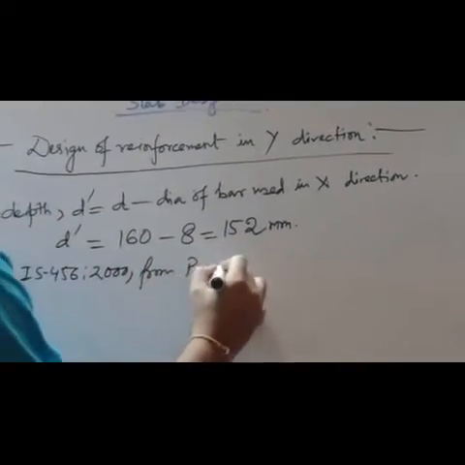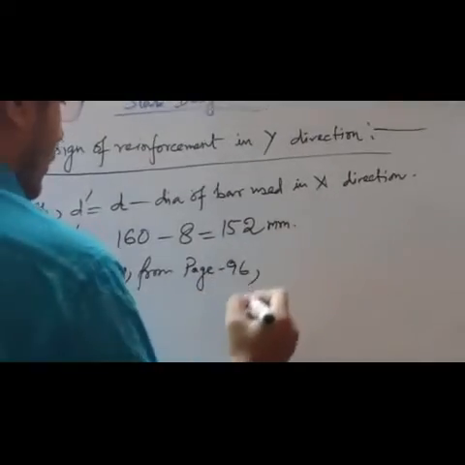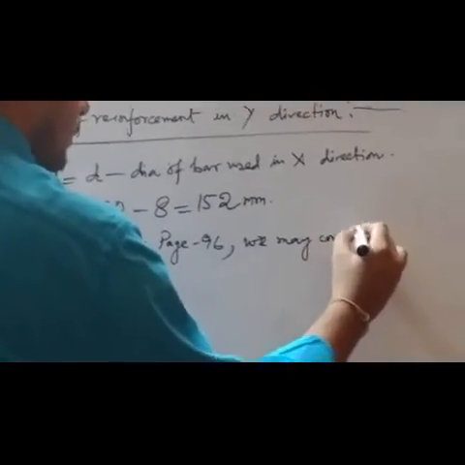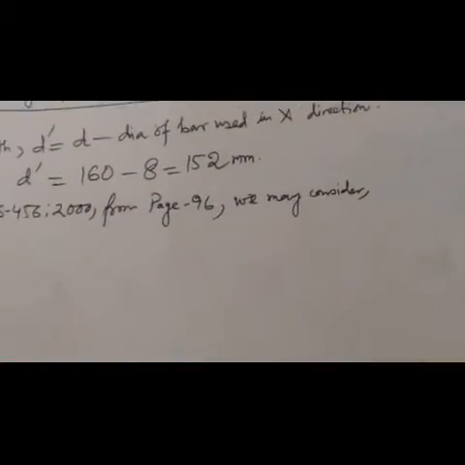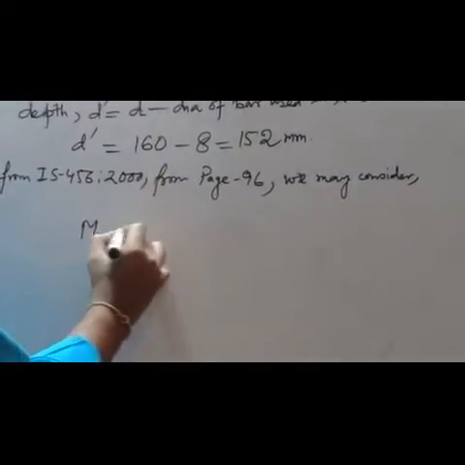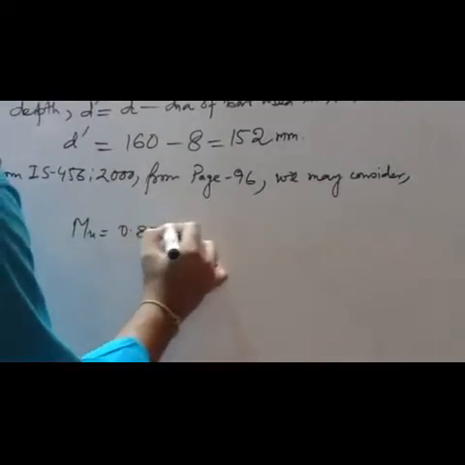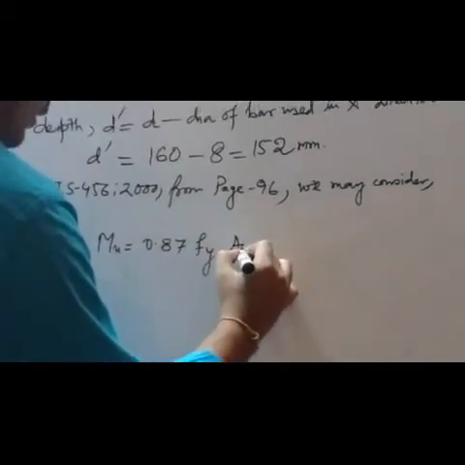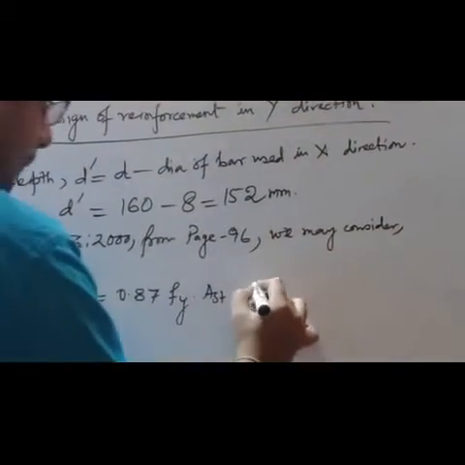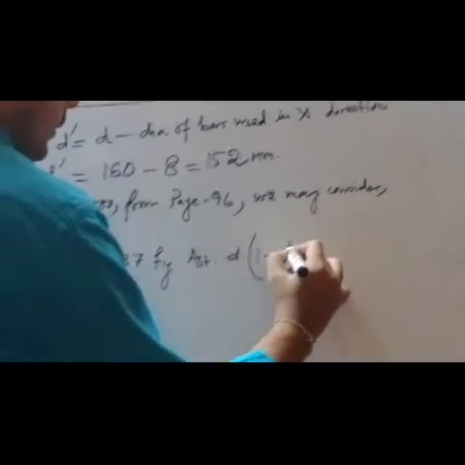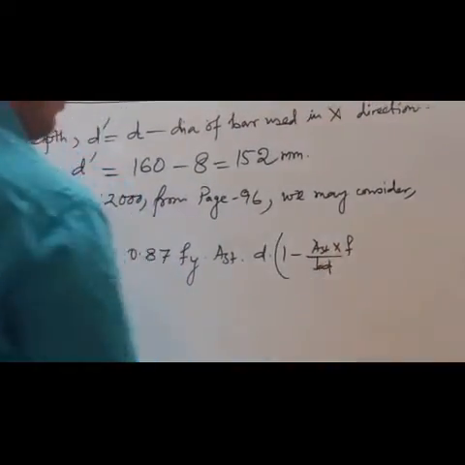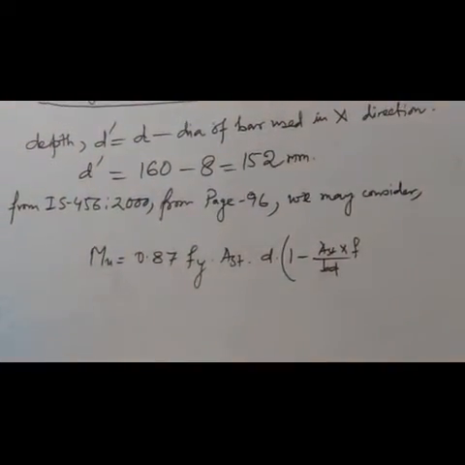From page 96 we may consider Mu equals 0.87 into Fy into Ast into d into 1 minus Ast by bd into Fy by Fck.